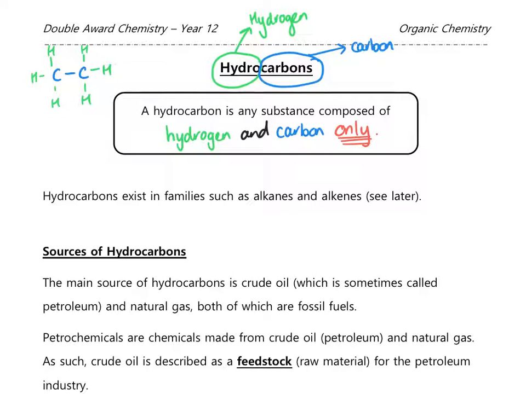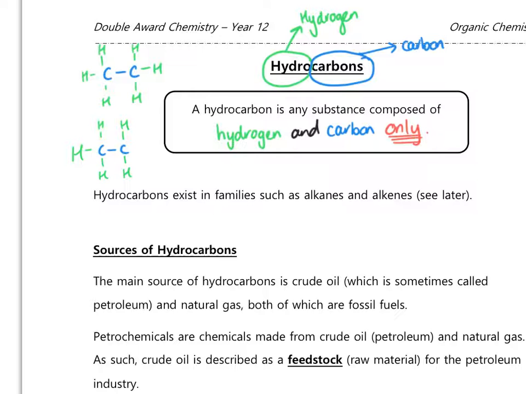But let's say, for example, I now show you chloroethane, which is where we substitute one of the hydrogens for a chlorine atom. So we'll fill up with 5 hydrogens, and then what I want to do is put a chlorine here at the end. So you can see I've just changed ethane by 1 atom. I've changed 1 hydrogen for 1 chlorine, but this is no longer a hydrocarbon because our definition of a hydrocarbon says that a hydrocarbon is any substance composed of hydrogen and carbon only.